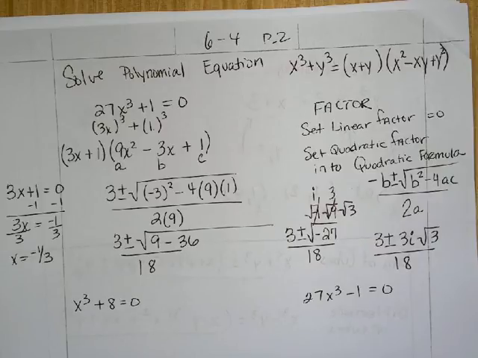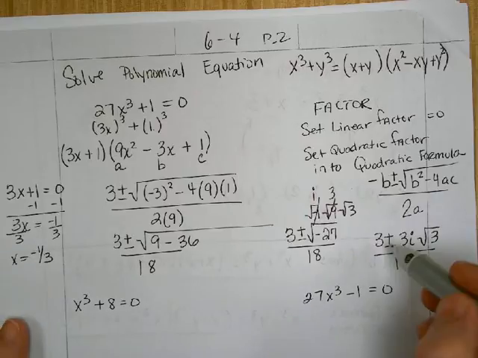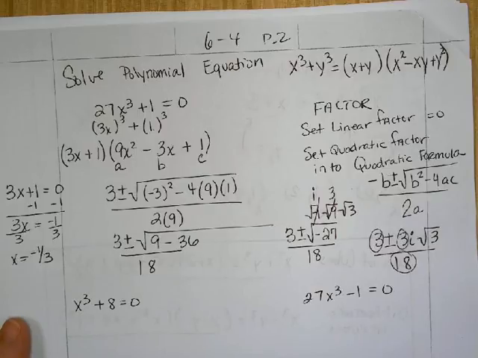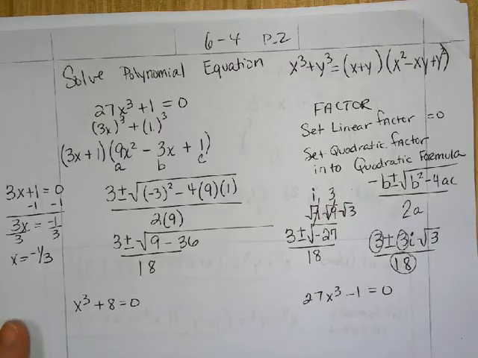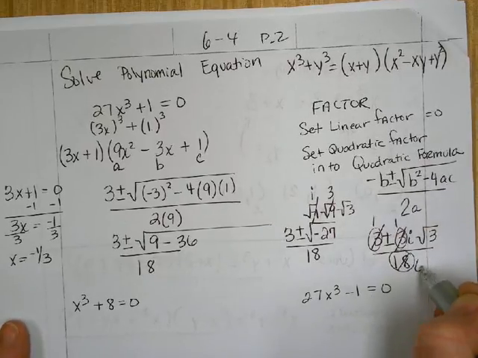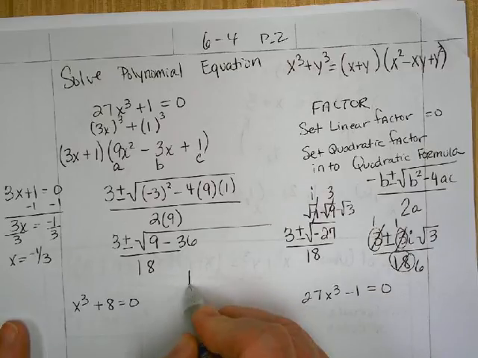Now look at all of the numbers that are outside of the radical. If all 3 of these have something in common, you need to simplify it. So they all do. What do they all have in common? 3. So 3 goes in here once, and in here once, and in here 6 times. This turns out to be 1 plus or minus 1i square root of 3 over 6.